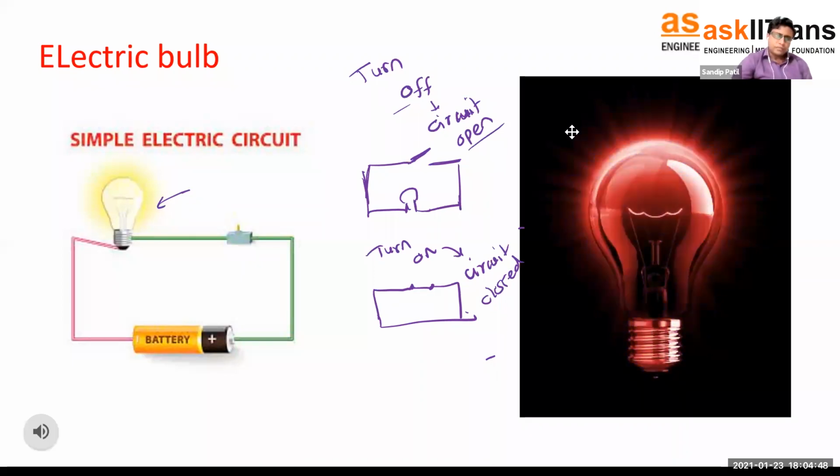So when we connect the bulb in the circuit, obviously, as I said, we will need a bigger battery to glow this bulb. The small battery which we use in our remote or clock is not going to be very useful in this case, right? So we will need a bigger battery, and when we push the switch, this is the bulb, this is the key, right?